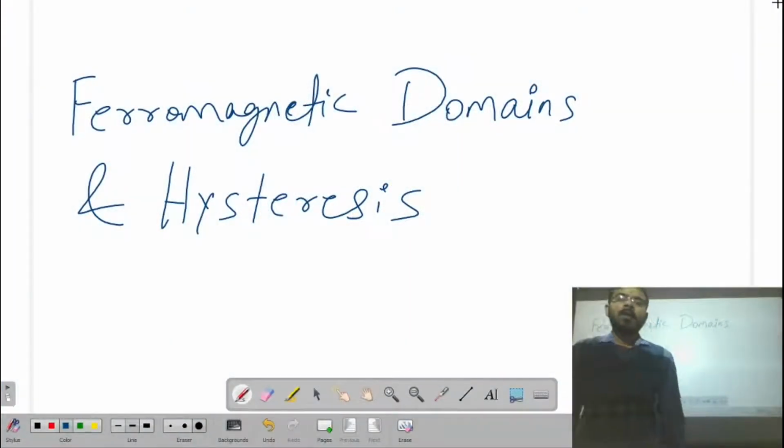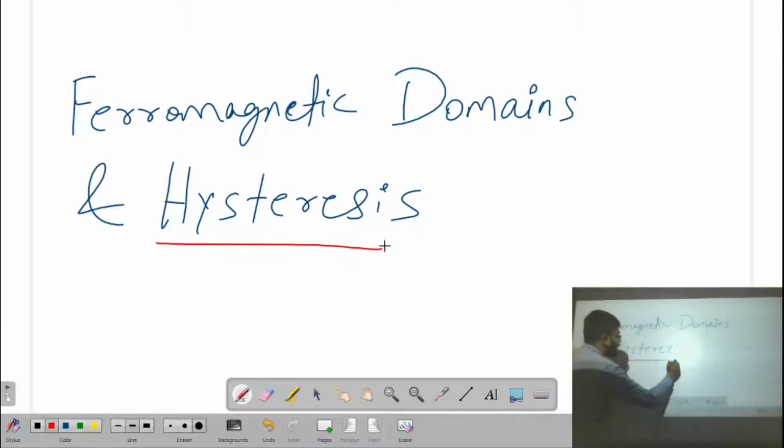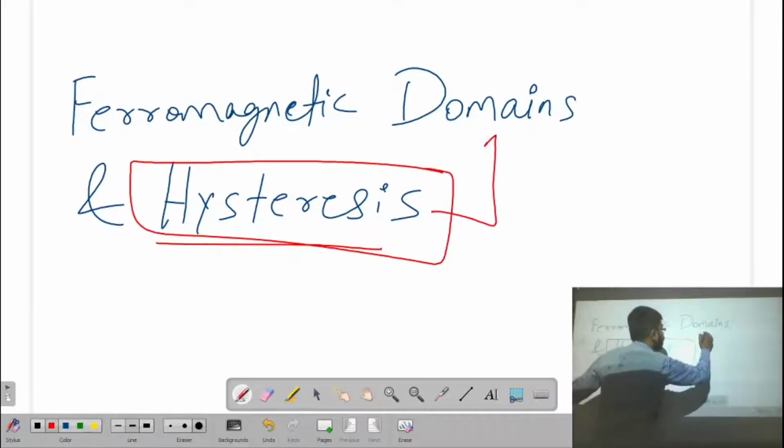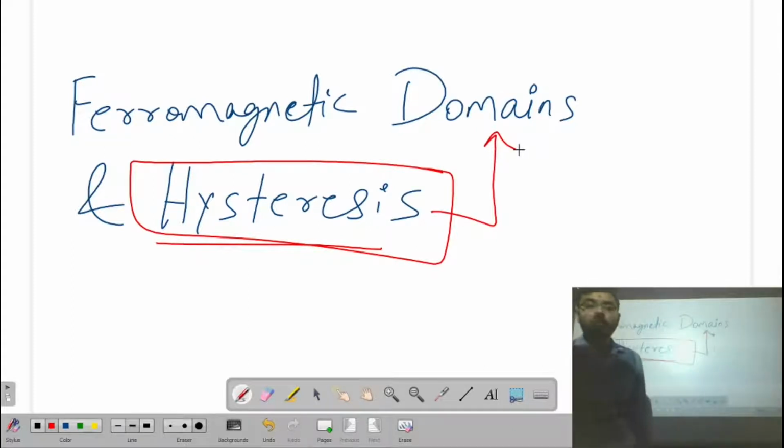Further, for understanding the hysteresis with respect to the formation of domains, we will try to understand the graph of hysteresis, how it is working with respect to domains.